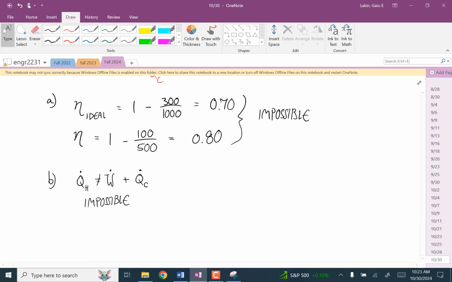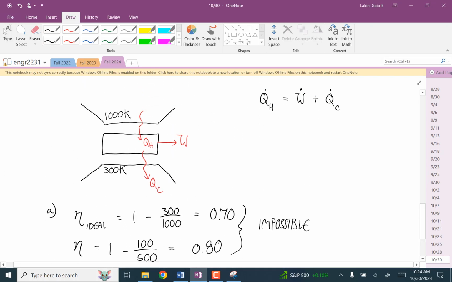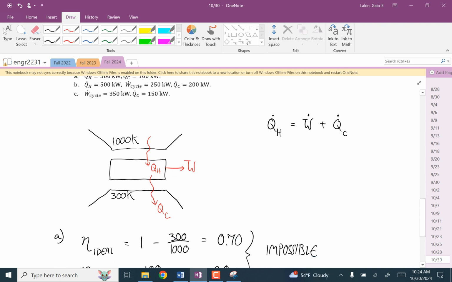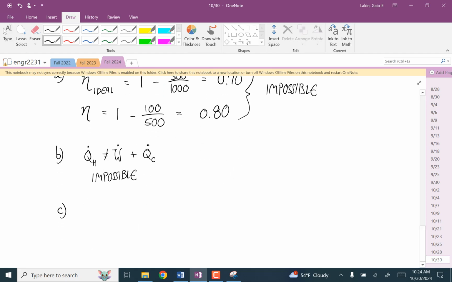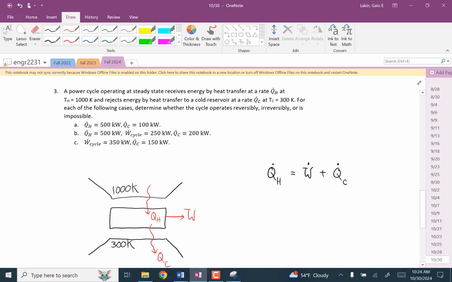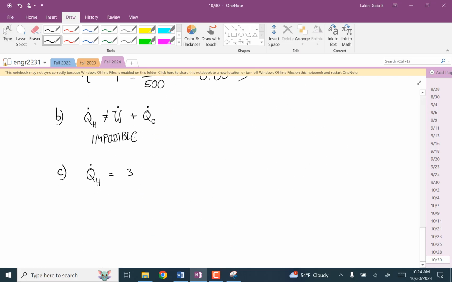And then for C, this time we're not given QH, but we can use W dot and QC dot to calculate what QH must be. So QH dot is equal to 350 plus 150, so 500.